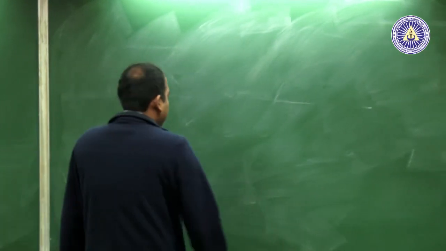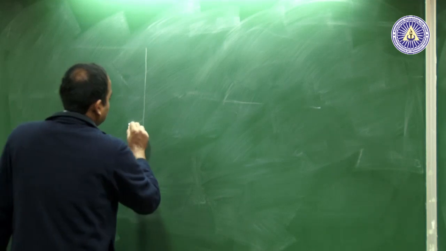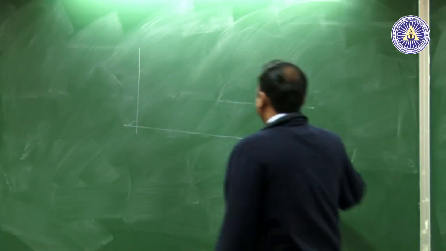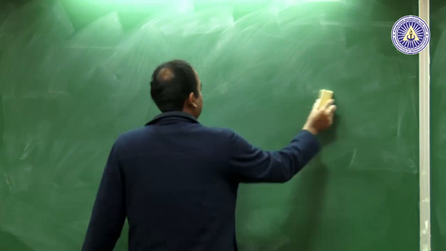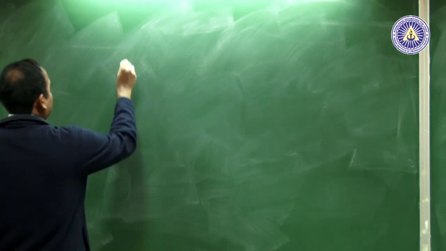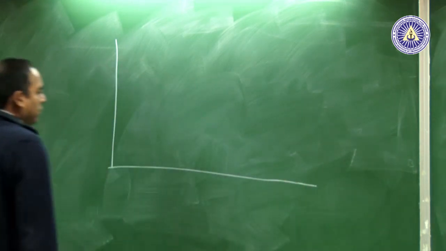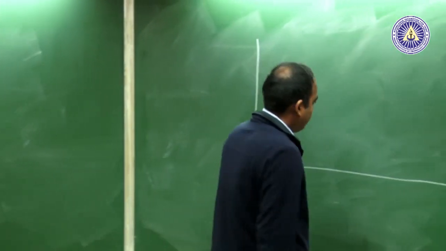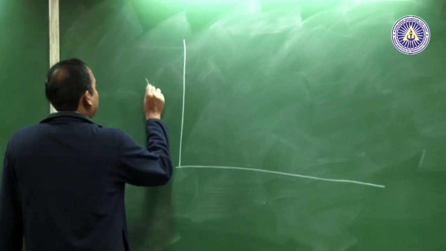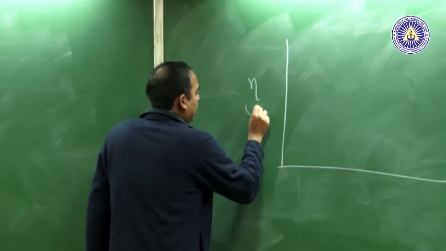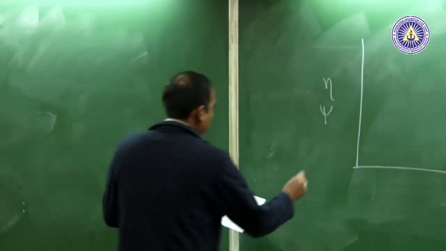The primitive models started by noting the steady shear viscosity. I have a graph, I will try to reproduce it as well as possible. The first family of models is what I call data driven models. They started by noting the data that we obtain from simple shear, steady shear experiments for eta and psi 1.